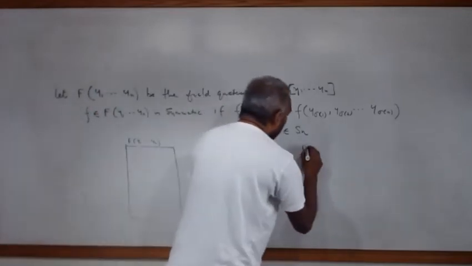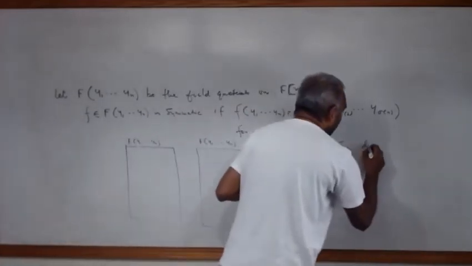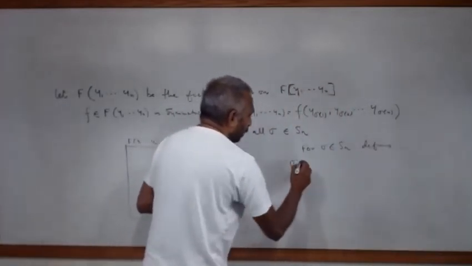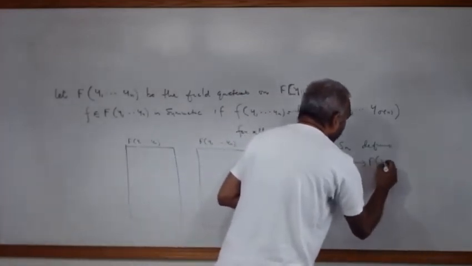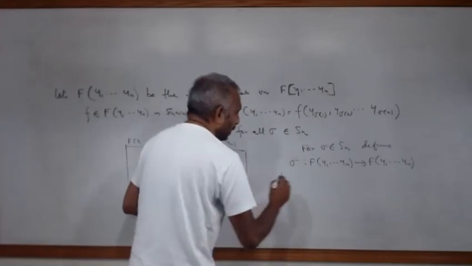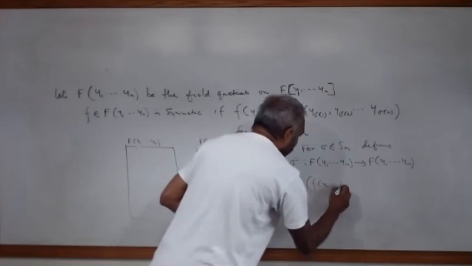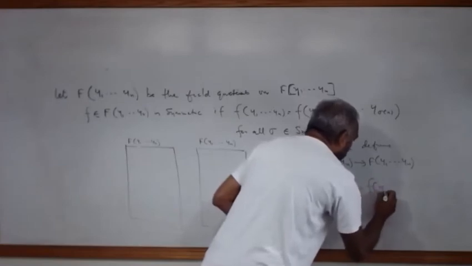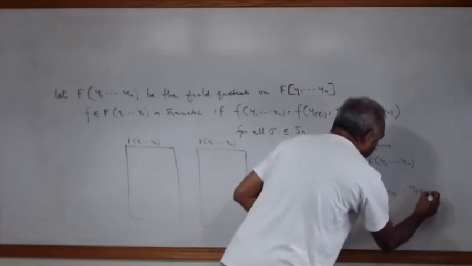So for sigma in Sn, define sigma bar from F(y1, ..., yn) to F(y1, ..., yn) by sigma bar of f of y1, ..., yn is equal to f of y sigma of 1, ..., y sigma of n.